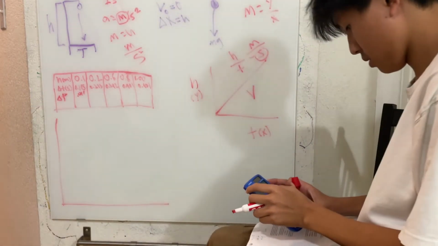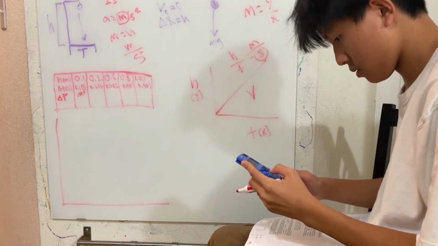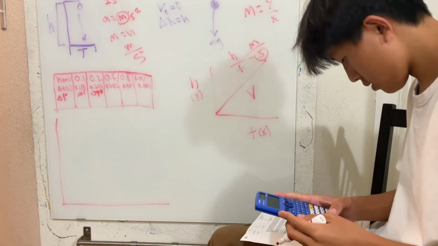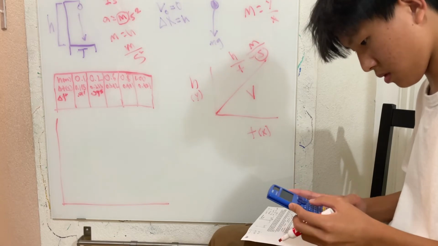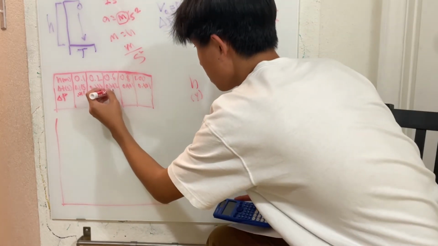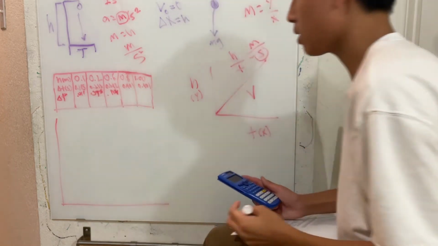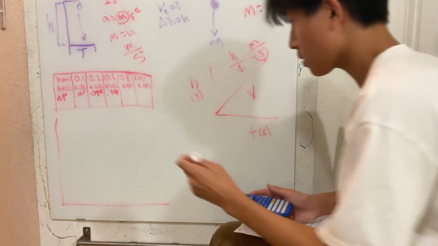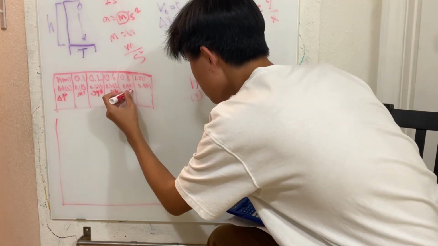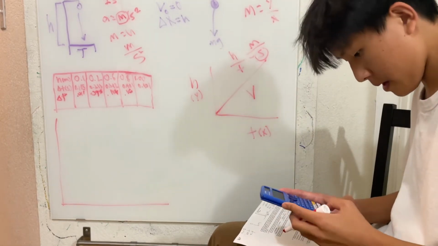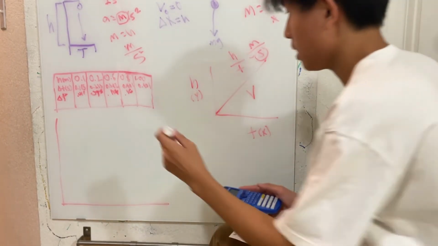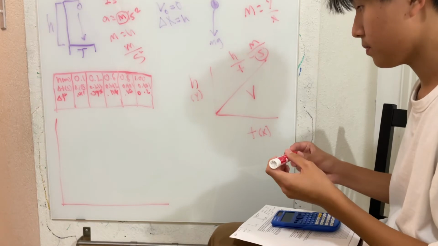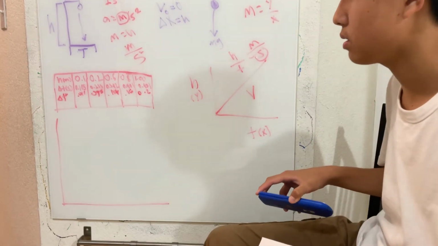0.011, 0.045, 0.117, 0.16, and 0.2. So these values are obviously smaller than their original values.